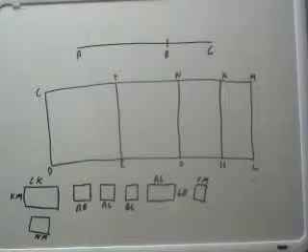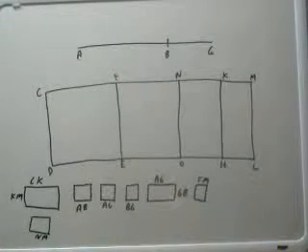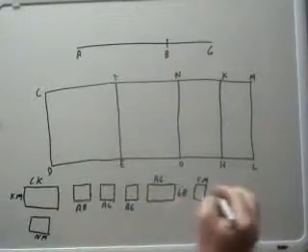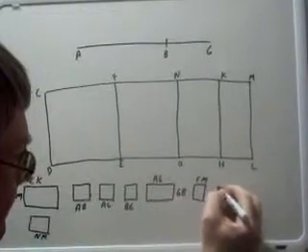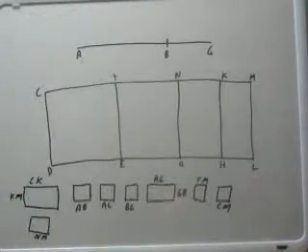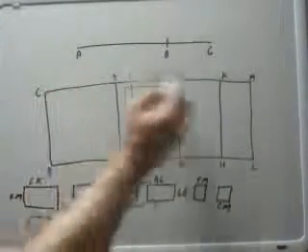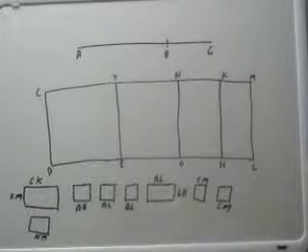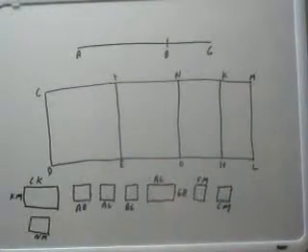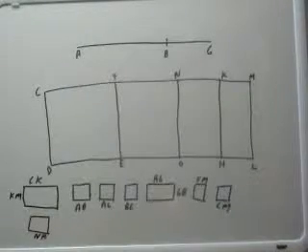Therefore, the square on CM, we're just going to draw another square. So now we're going to take this whole length right across here, and we're going to turn it into a square, and all four sides of that square are going to be the length of CM.